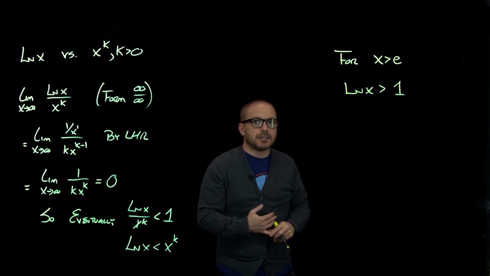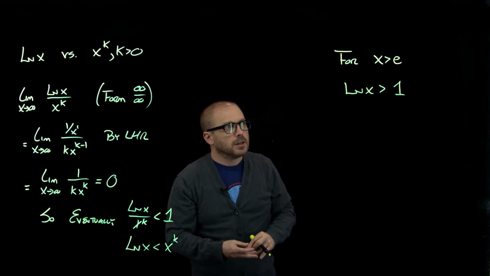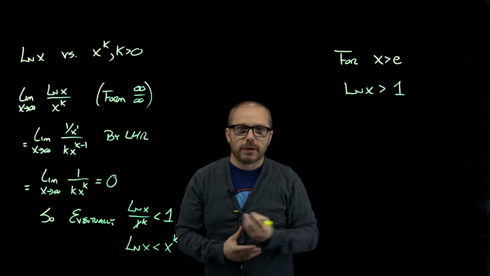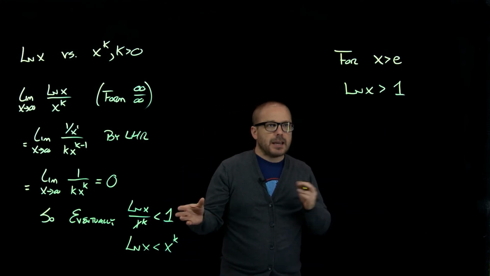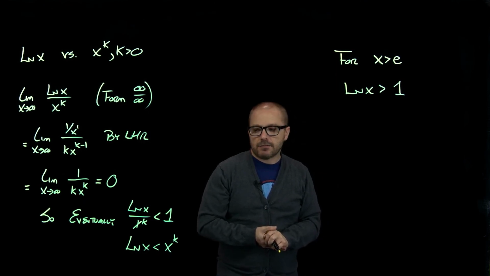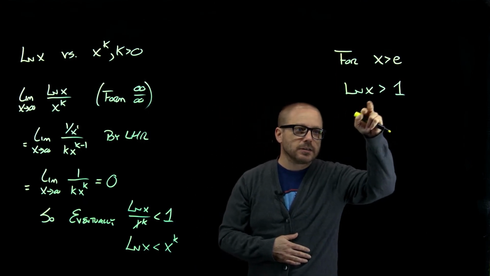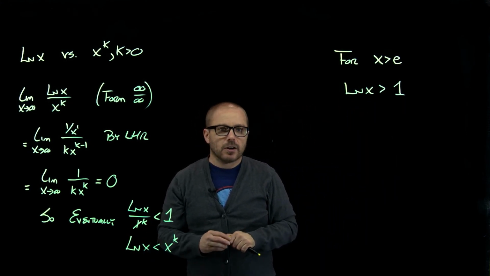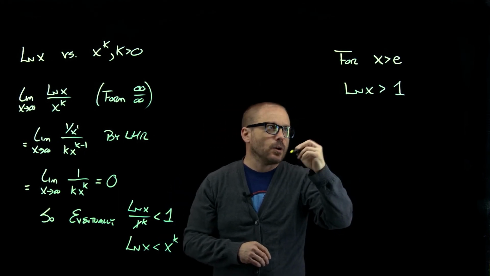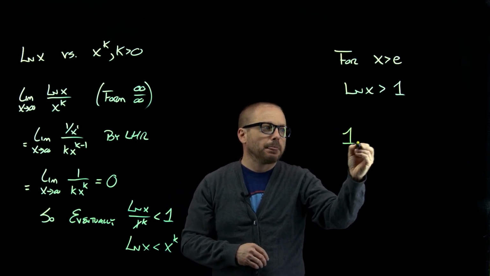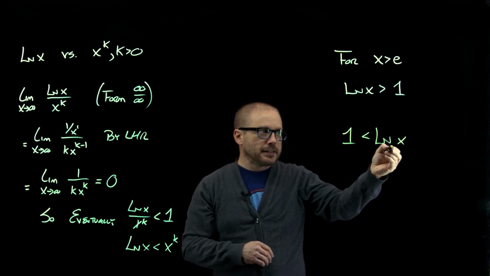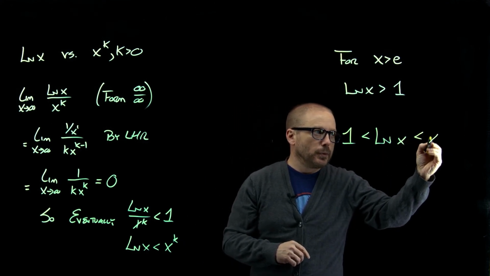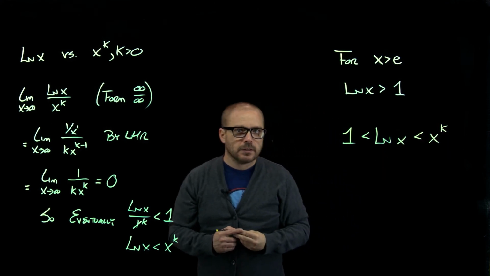Remember, natural log of e is 1 by definition. And so once you're past that, that function's bigger than 1. So you really have comparisons two different ways. If you need to get an inequality going this direction, you can say, well, I know natural log of x is bigger than 1. But if you want to put an upper bound on it, you can argue that it's less than x to the k. So one or the other. In instances where you want to put a lower bound on it, you can do that. And for instances where you want to put an upper bound on it, you can do that.